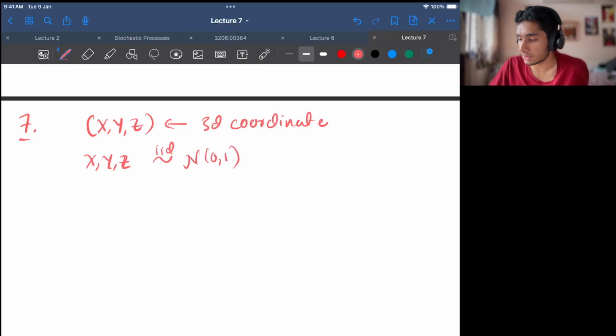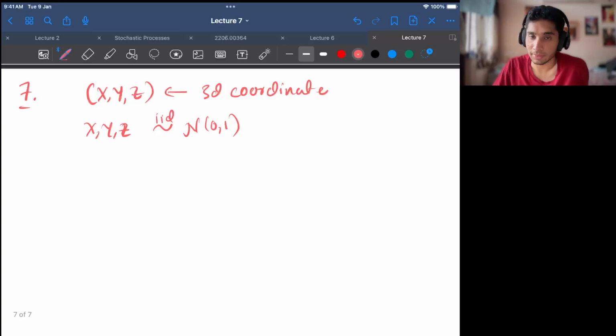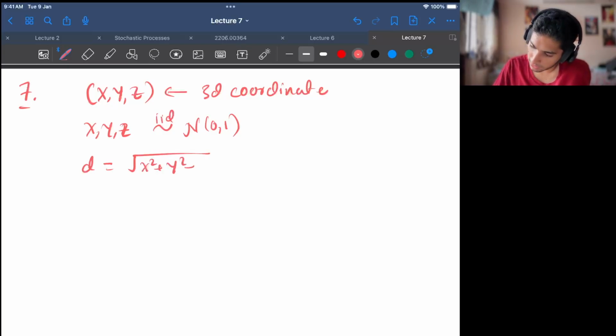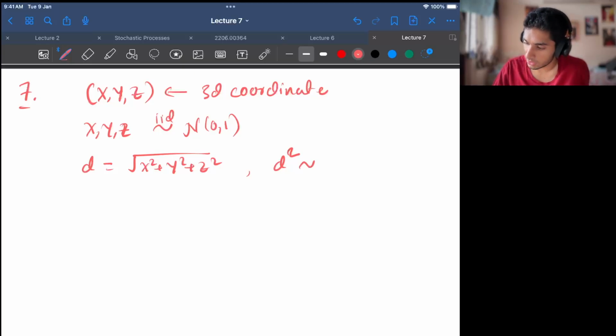Let's define a new random variable d, which is the square root of x square plus y square plus z square. So in the 3D coordinate system, this is the distance of the point from the origin. The question is, what is the distribution of d square?